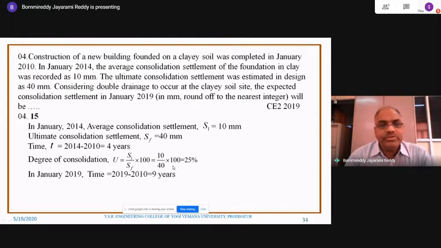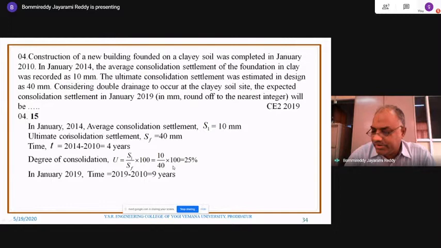In January 2014, that means after 4 years, the average consolidation settlement of the foundation clay was recorded as 10 millimeters. That means in a 4-year span, the settlement recorded is 10 millimeters.